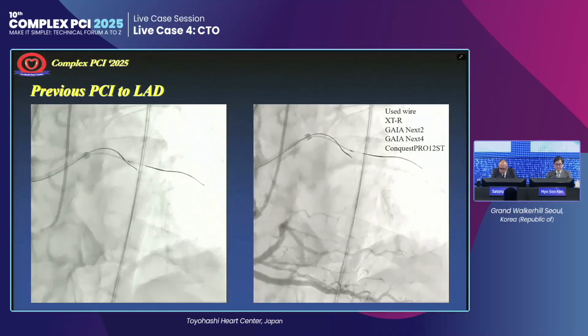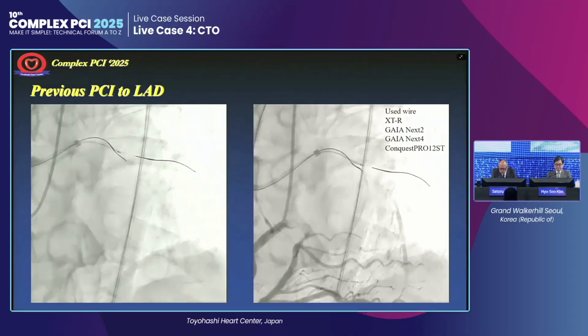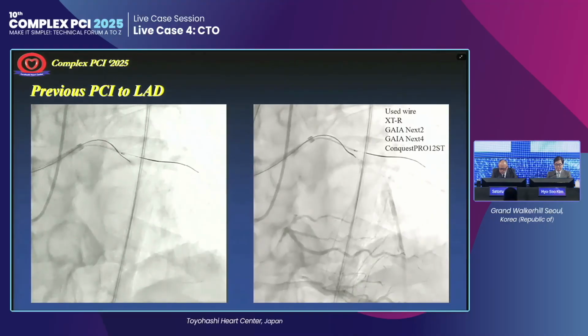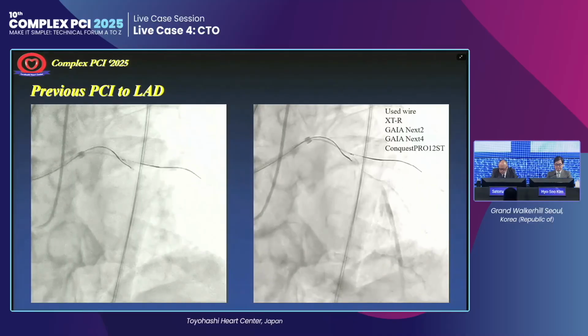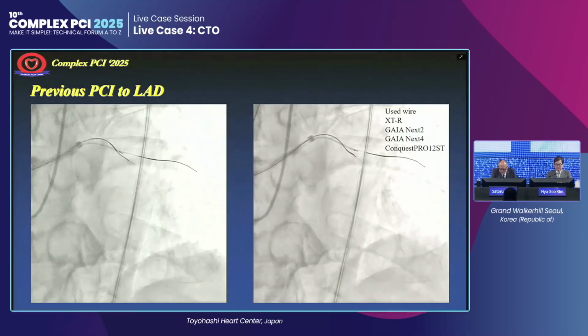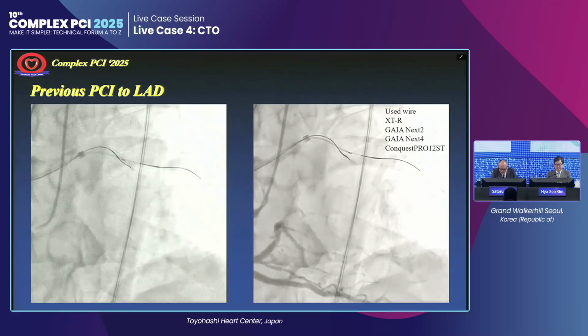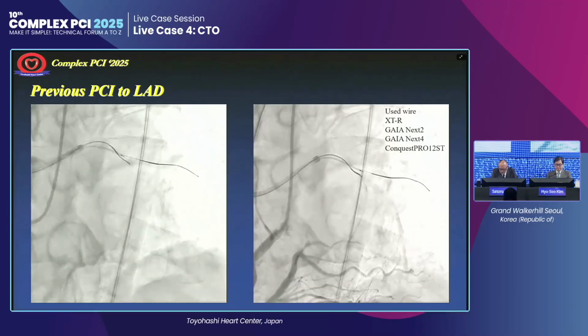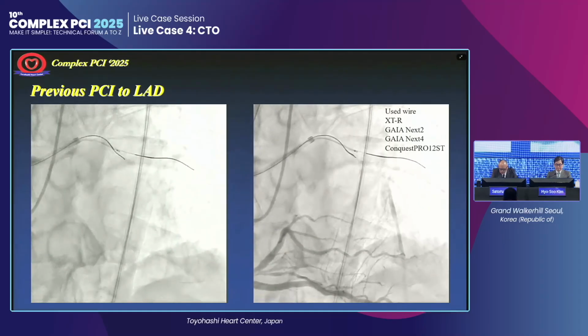We thought there was a micro channel. However, tip injection could not show the channel and XTR failed. So we stepped up to Gaia Next 2, Gaia Next 4, and of course the antegrade entry of the CTO was ambiguous.